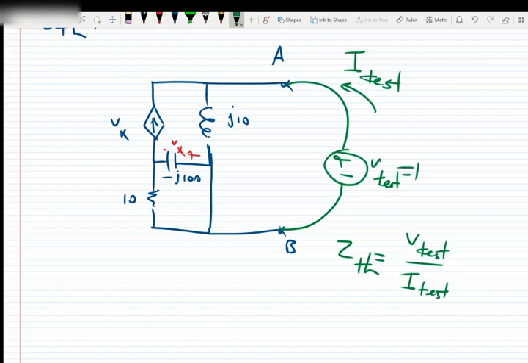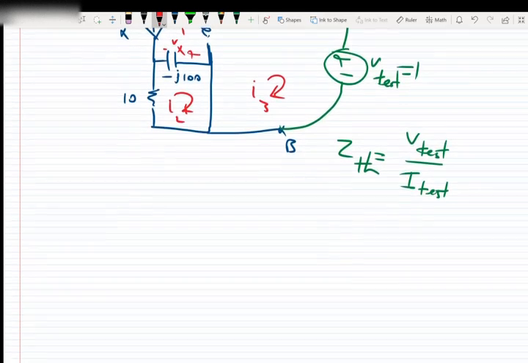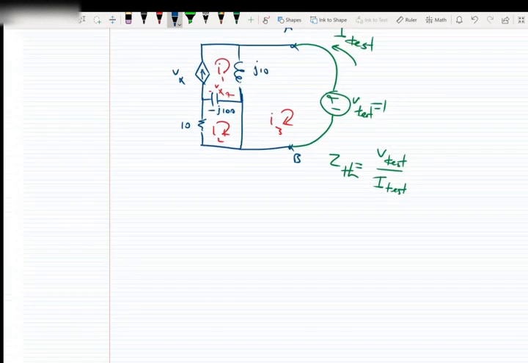In order to do that, we again identify loops I1, I2, I3. So these are the loops. So let's write the loop equations.